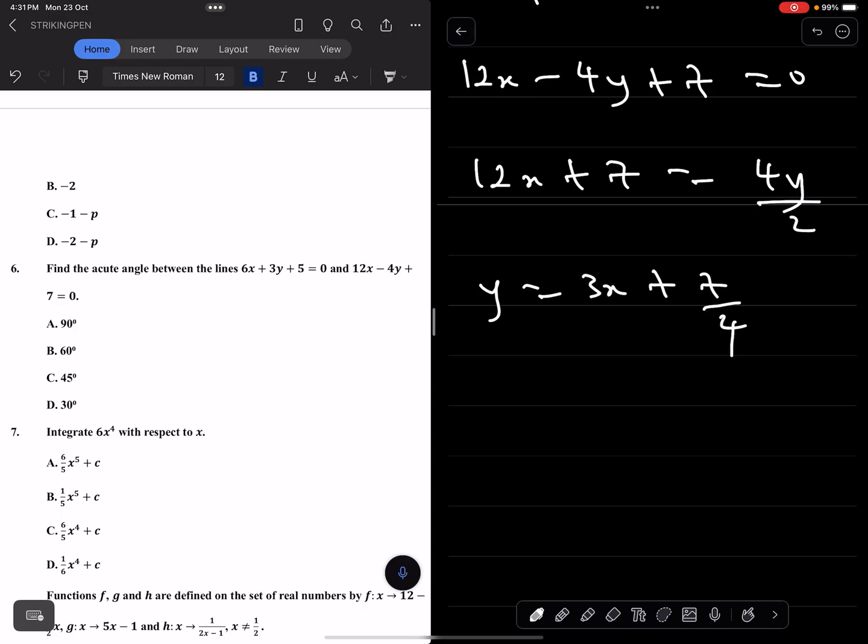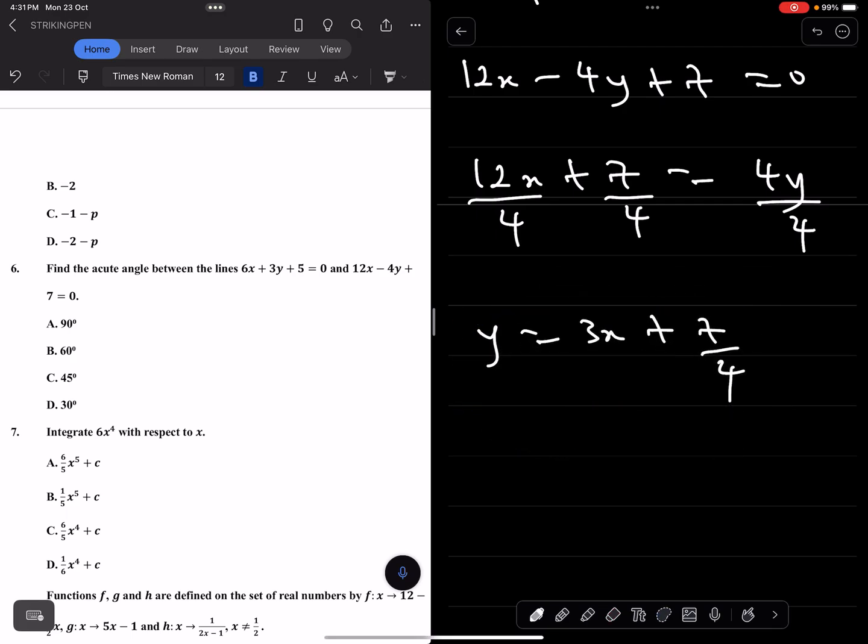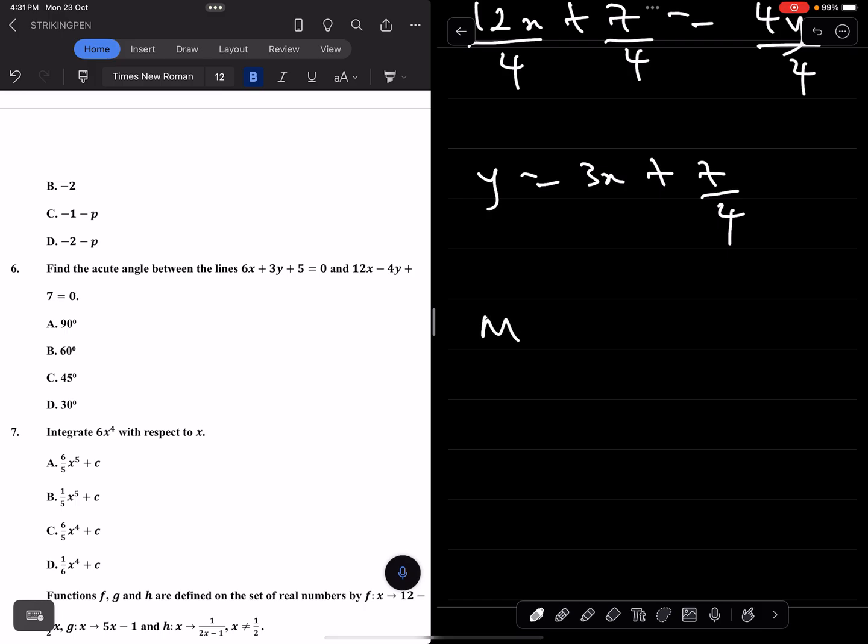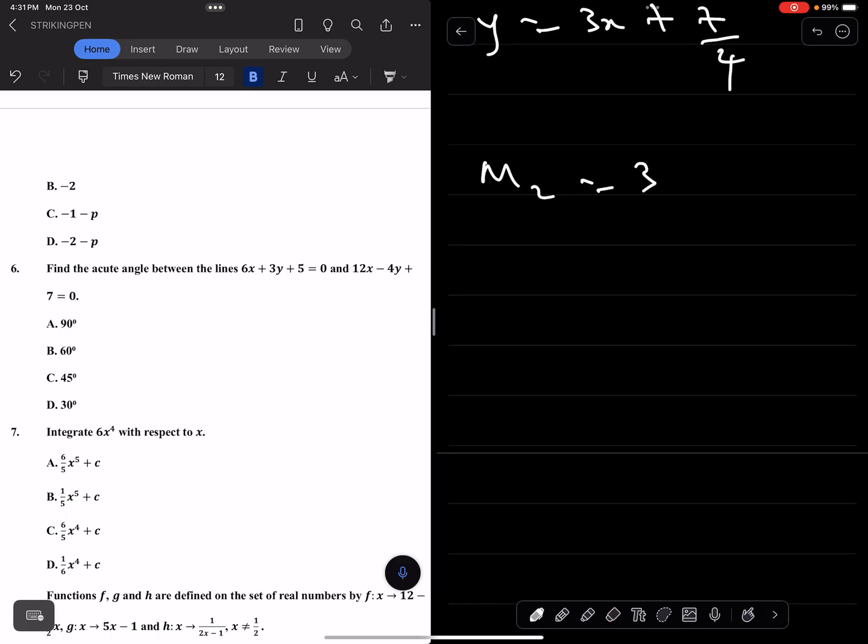Of course, that means 4 over 4 here, this is 7 over 4, and this will be 12 over 4. So I will have y equals 3x plus 7 over 4. So that means the gradient of the second line, let me call it m2, is the coefficient of x, which is 3.